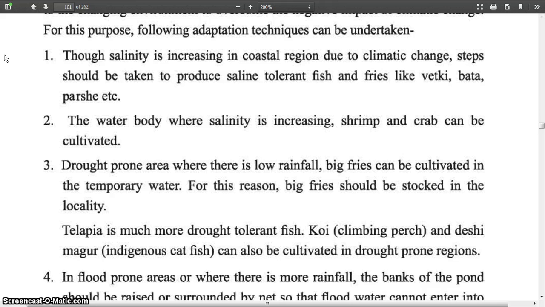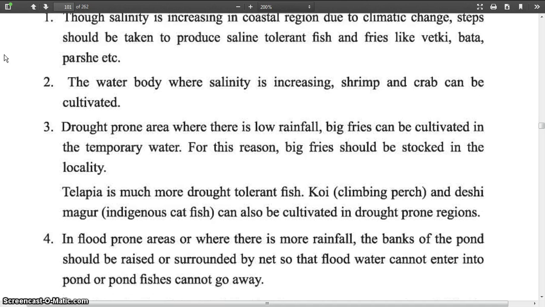Koi and deshi magur also can be cultivated in the drought prone areas. So if we cultivate koi, deshi magur, tilapia in the northern region where they face drought, we can easily meet up the fish demand in our country.